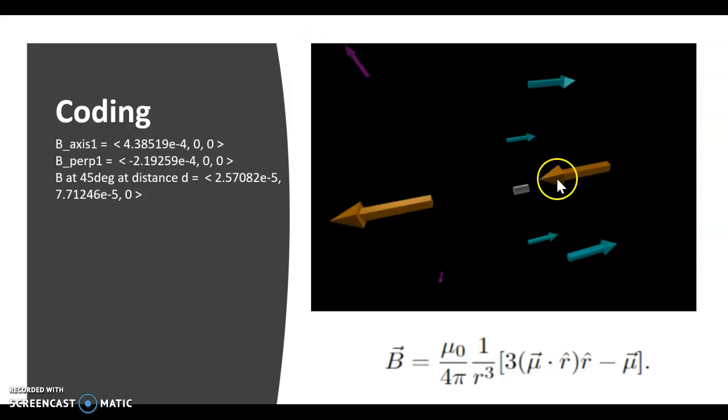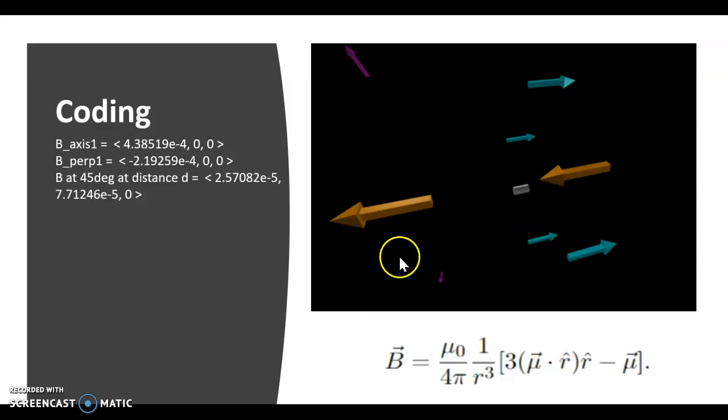So the ones on axis you can see point into the south pole of the magnet and out of the north pole, and then perpendicular they point in the opposite x direction in order to display this kind of looped effect of the magnetic field. And then you can see in the 45 degree angle that the arrows point up and out and then down and out from the magnet, and this reflects this looping characteristic of magnetic dipoles.